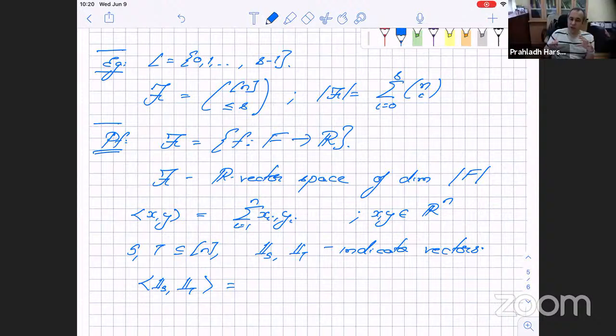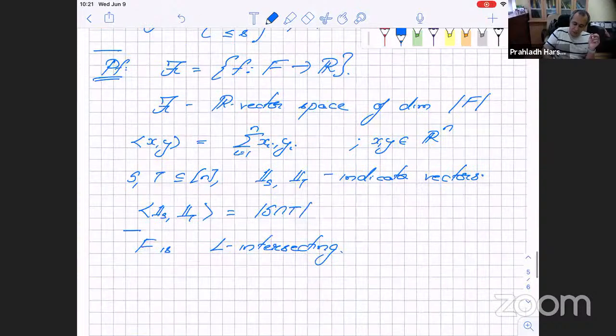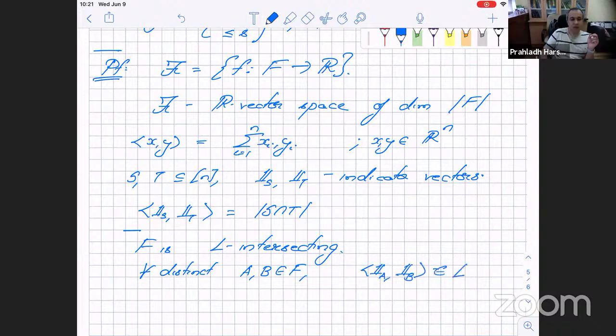The dot product between two indicator vectors is exactly the size of the intersection, S intersection T. So an equivalent way of stating that f is L-intersecting is stating that for all distinct A, B in f, the dot product of 1_A and 1_B belongs to L. This is just a reformulation of the whole setup.